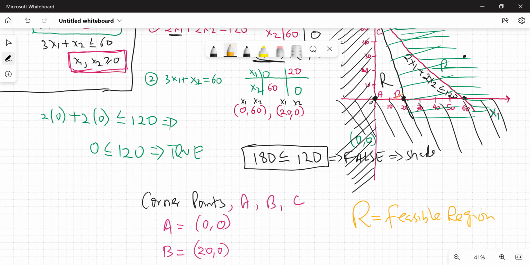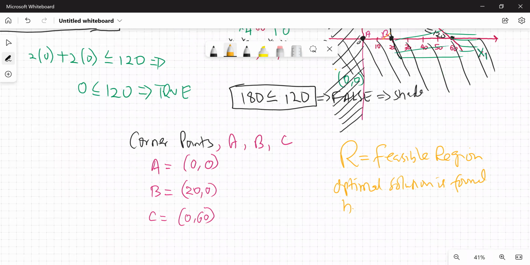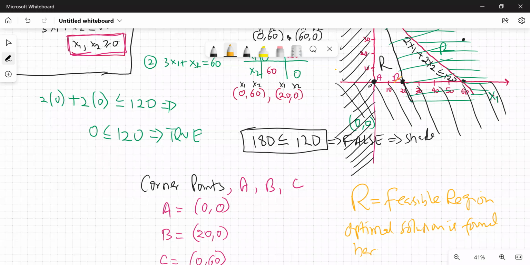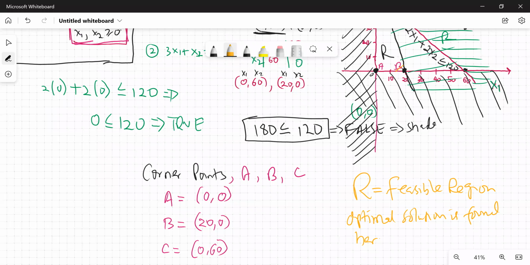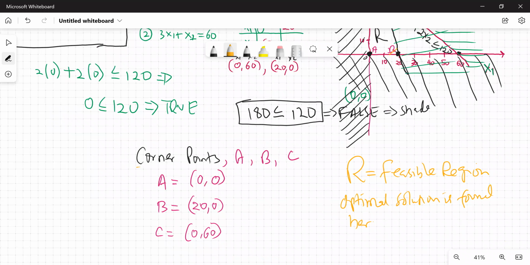In other words, the optimal solution is found there, at one of the points within it. And the beauty of this is that the optimal solution will always be given by one of the extreme points or corner points. So one of these will give us the optimal solution.